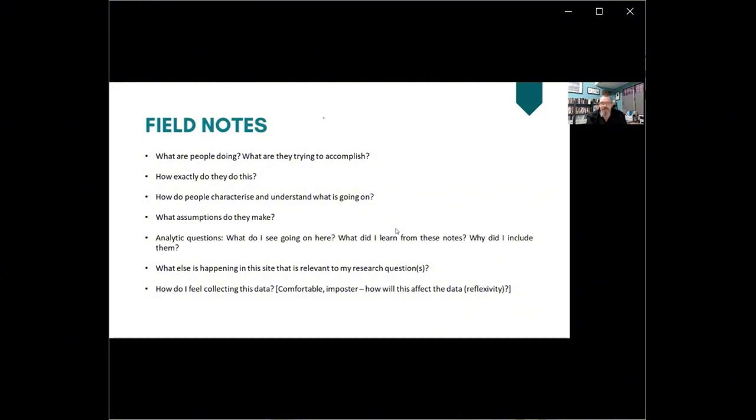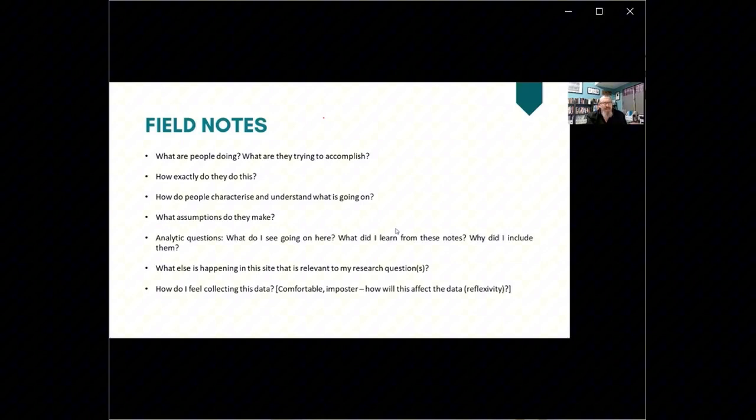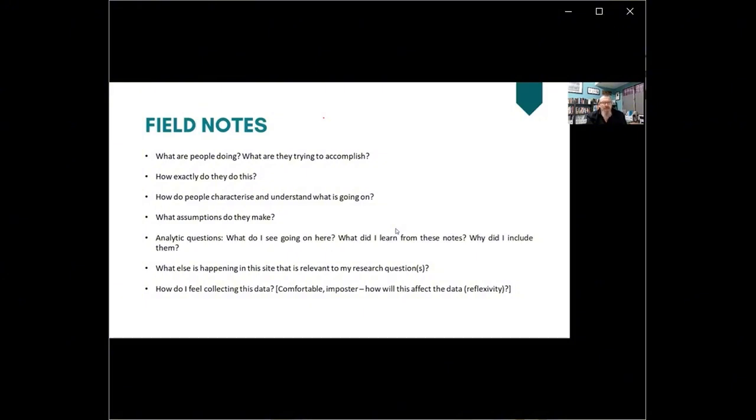From an analytics perspective, what do I as the researcher see going on here? So it's not only what's happening, but what do I see? What's different for me? What did I learn from the observation myself? What assumptions did I make?